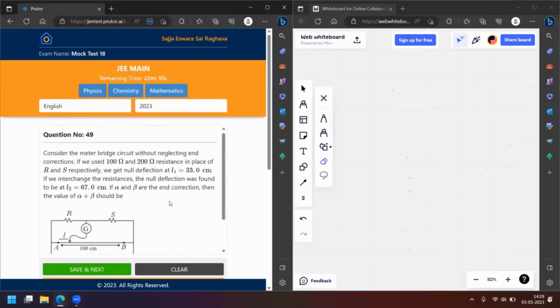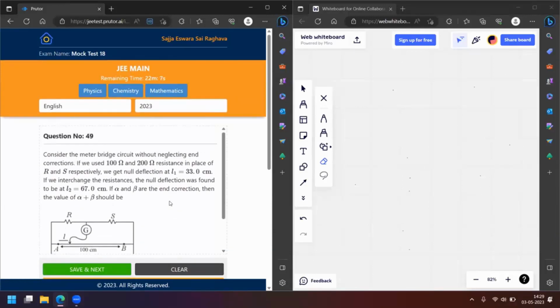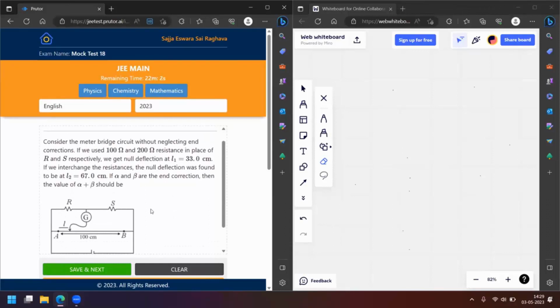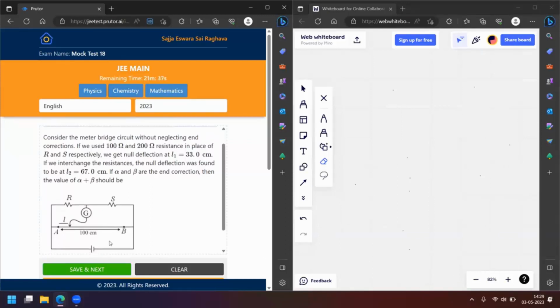Next is a meter bridge question. The meter bridge circuit uses the principle of the Wheatstone bridge. To get zero deflection of the galvanometer, we have to make sure that the resistance R by the length of A equals the resistance S by the length of S. We are given a length.